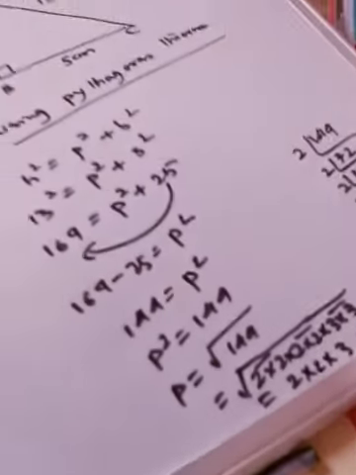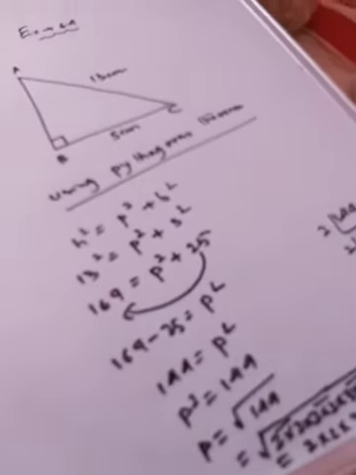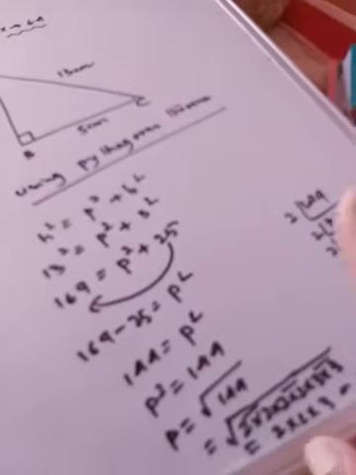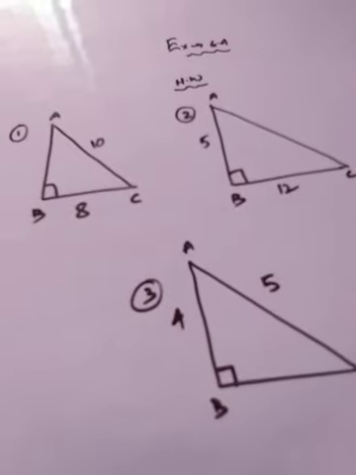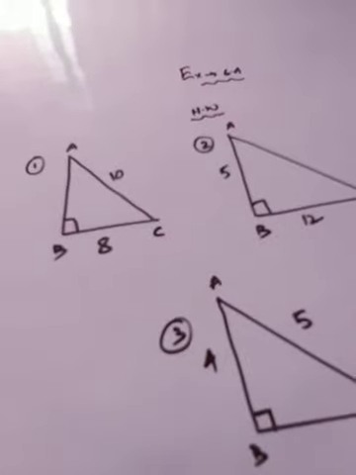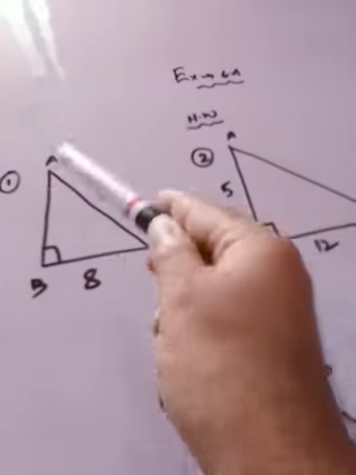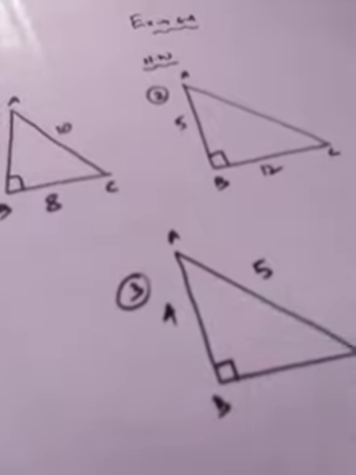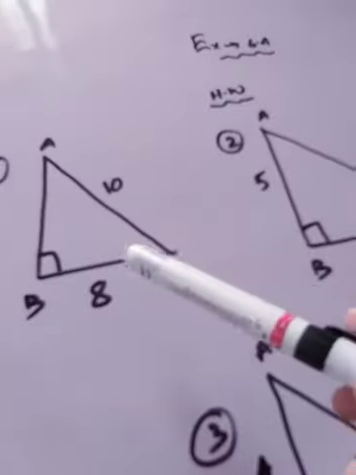Now for homework, I am giving you 3 sums related to Pythagoras theorem. These are the 3 sums that you have to do, students. In the first one, all the triangles are right angle triangles, that is ABC, ABC, ABC. See, I have maintained the same sequence, only the values I have changed.